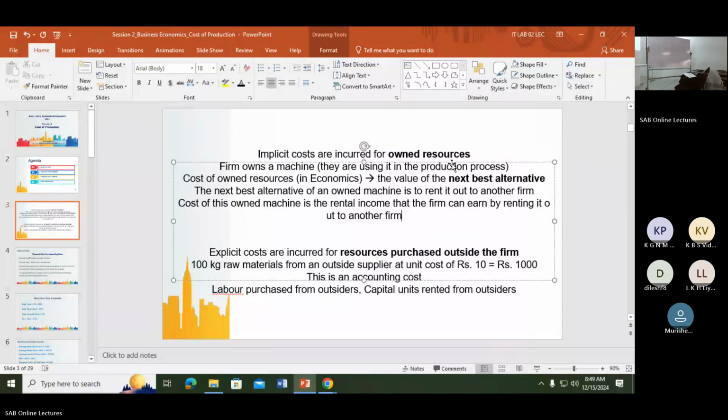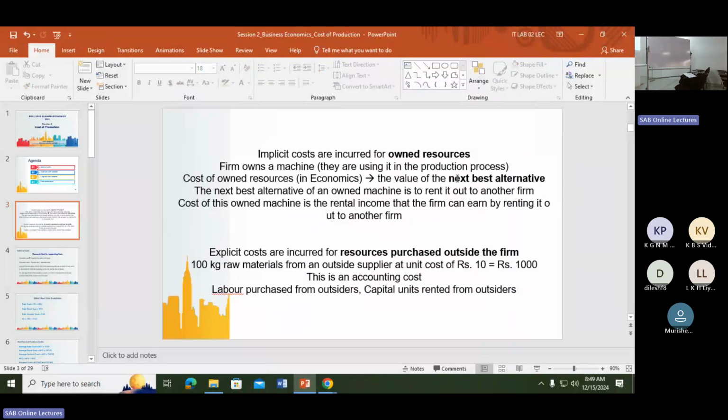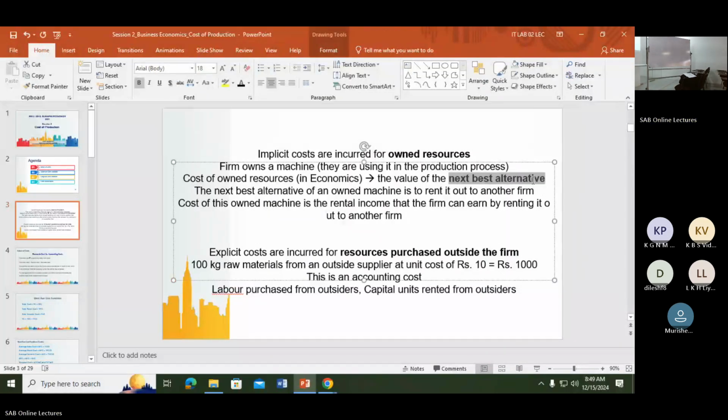Likewise, for own resources, we think about the next best alternative use, and its value is accounted as the cost of own resources. If it is a machine, its next best alternative use is to rent it out to another firm.